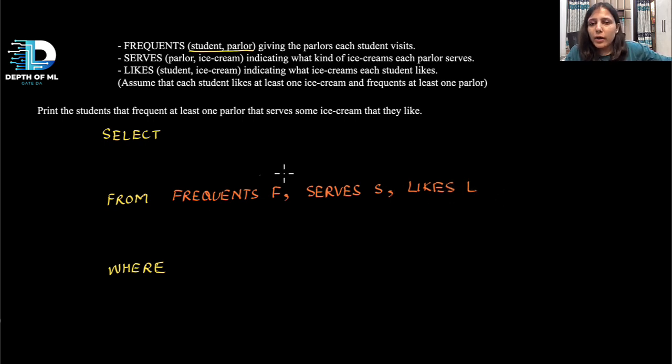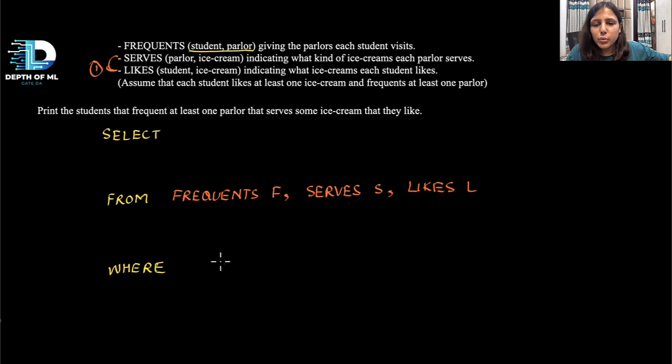Okay, now I have to join all of these three tables, right? So how will I join that? First of all I have to find the ice creams that a student likes and if some parlor serves it. So I'm joining these two tables first.